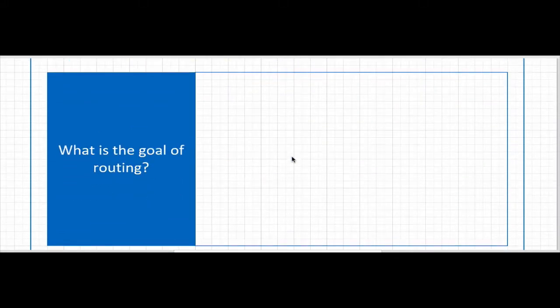The next question that we're going to look at is, what is the goal of routing? The goal of routing is basically to find a path between two nodes or two routers. To find a path, but not any path, to find the least cost path.